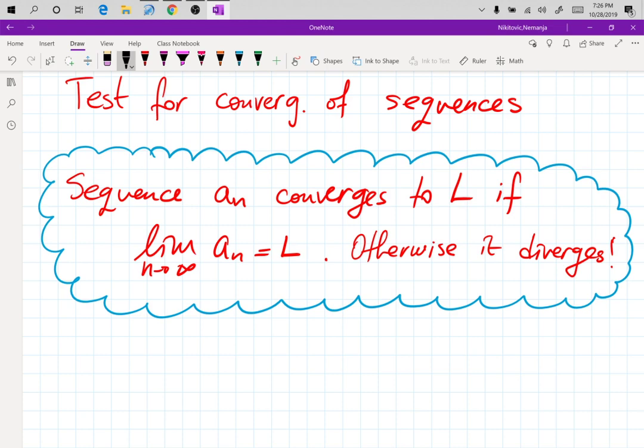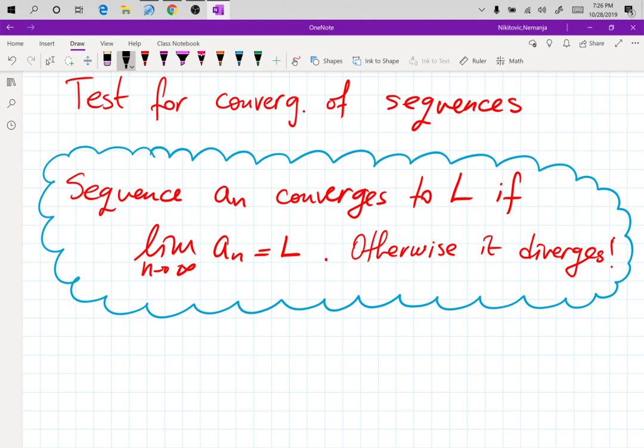Okay, let's take a look at some of these wonderful examples. As you can see, your ability to take these limits will impact your ability to solve these problems. So let's take a look at some of these.